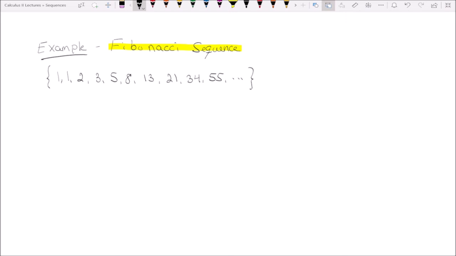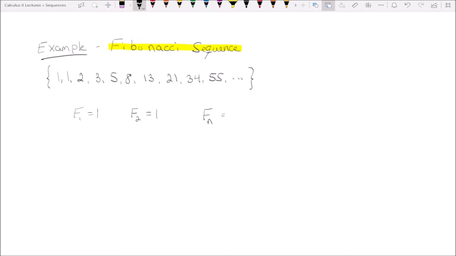So what the Fibonacci sequence does is it starts by defining the first two terms as 1. So f1 is 1, f2 is 1. Then define each subsequent term, fn.